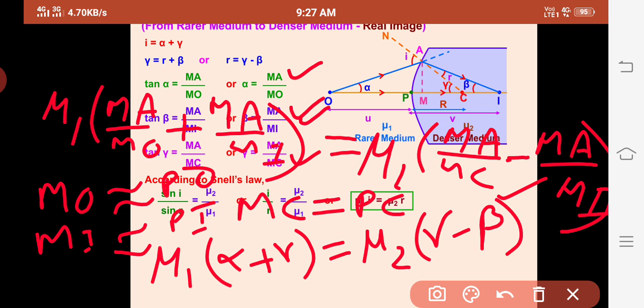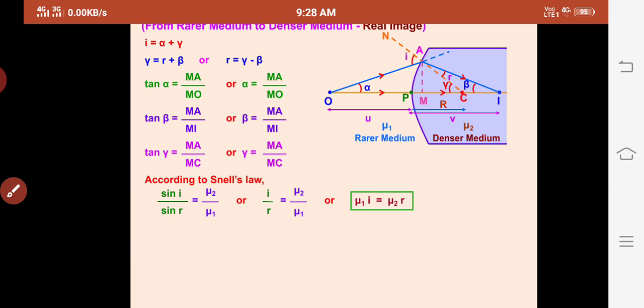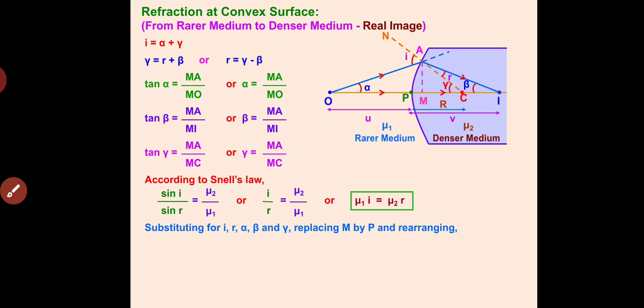After substituting all these values and cancelling MA, we can very easily get this result: mu1 upon PO plus mu2 upon PI equals mu2 minus mu1 upon PC.